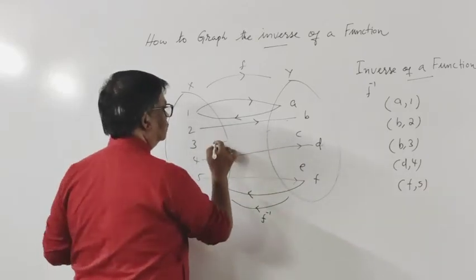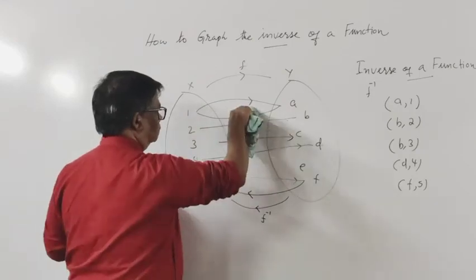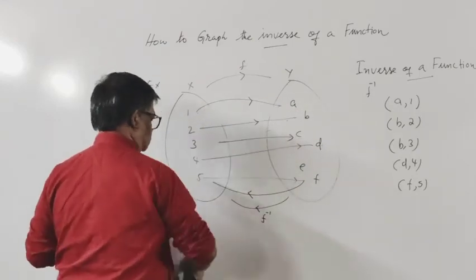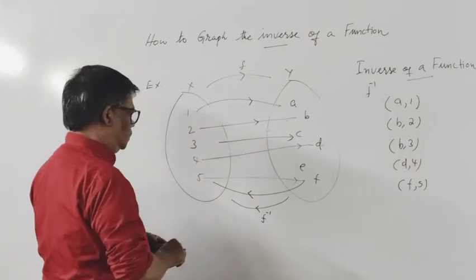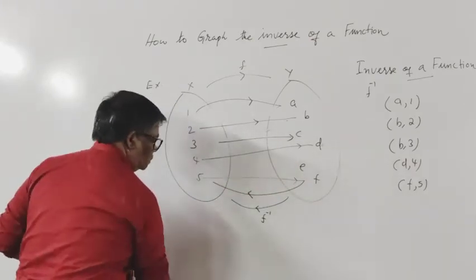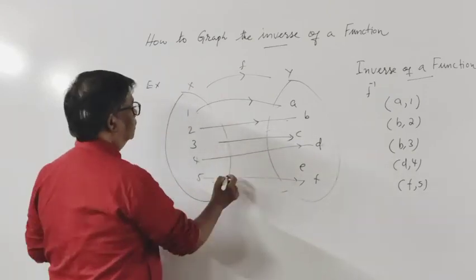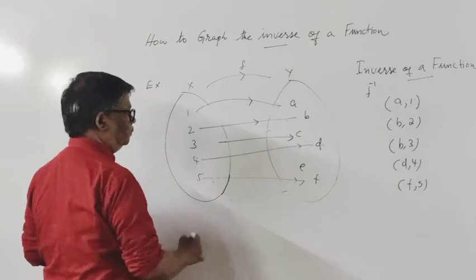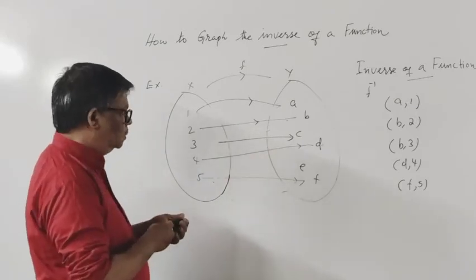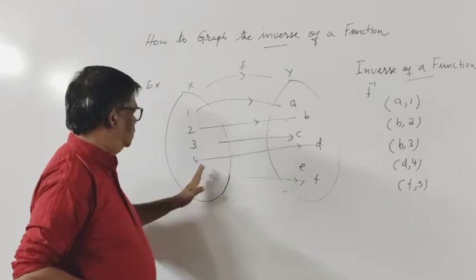Say, send 3 to C. Four to D and 5 to F. So that one condition is satisfied.